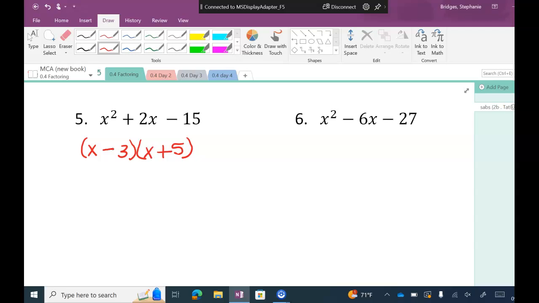And then your signs will be different. And that means 1 of each. And then the first sign goes in front of the bigger number.